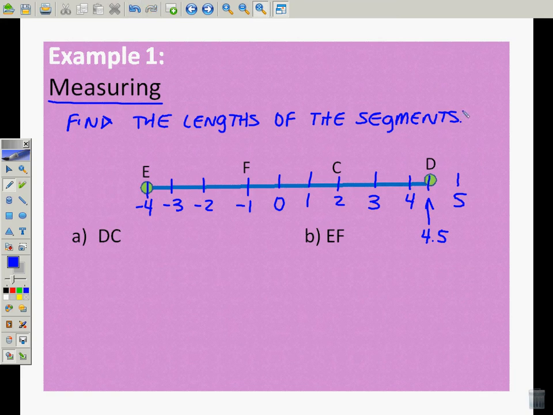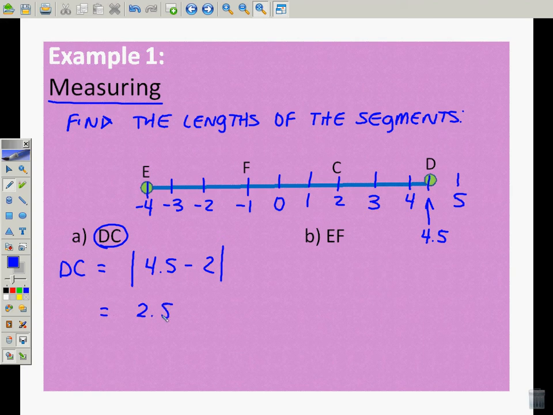Now, DC, how do I know what I'm finding here? Well, let's look. Remember, the length DC, when it doesn't have the line above it, is talking about the number value. So I can say DC is equal to some number. I don't know what it is yet, but I'm going to look, because I know that it's the absolute value of the coordinate of D minus the coordinate of C. 4.5 minus 2.